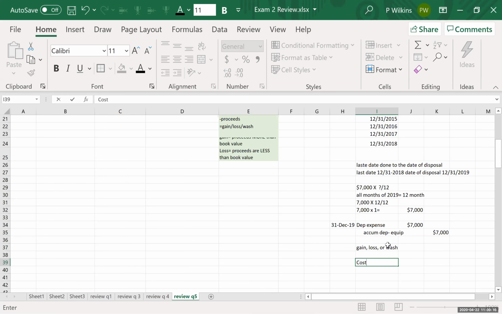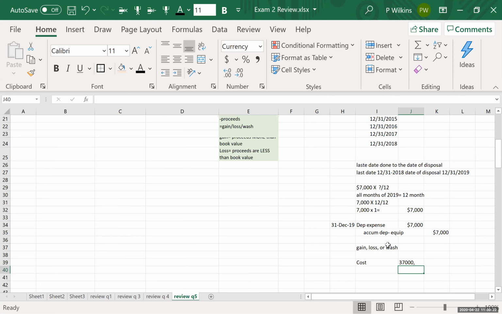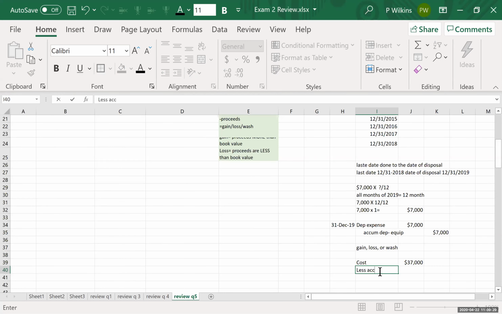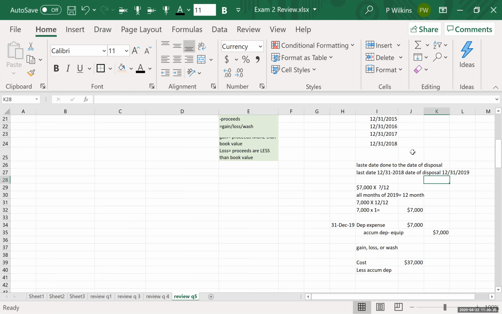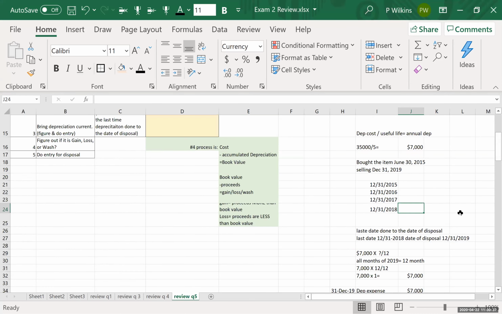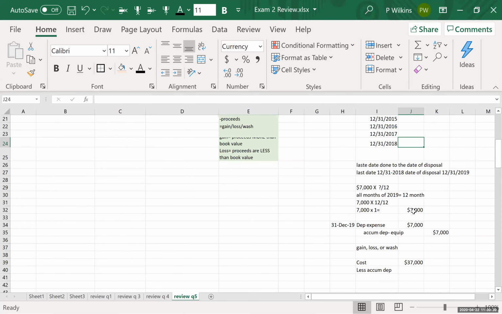So we go from the cost, which was 37,000, less accumulated depreciation. This is where that comes into play. We have $7,000 a year that we did right here, the current $7,000.